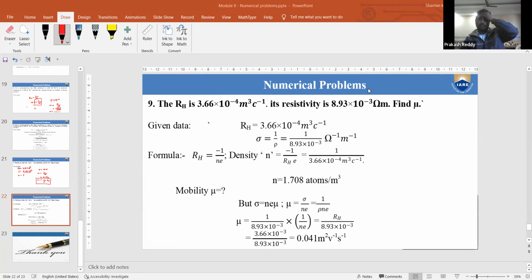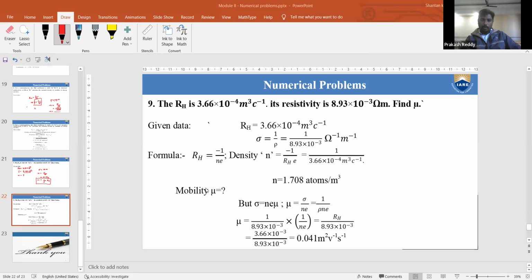These are numericals from module 2, only a few of which we discussed. 41 also posted the answer, 0.04.